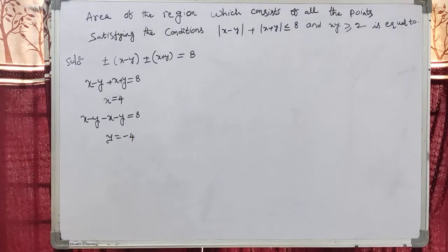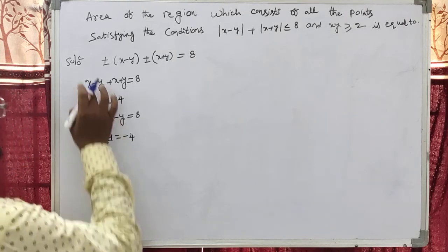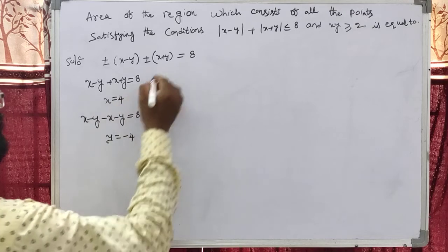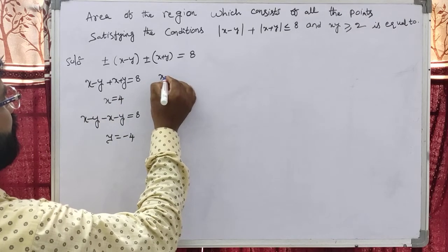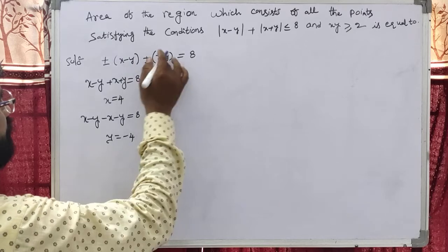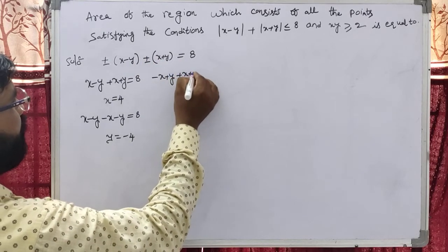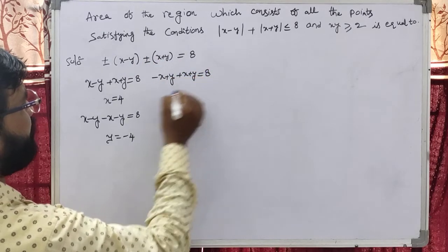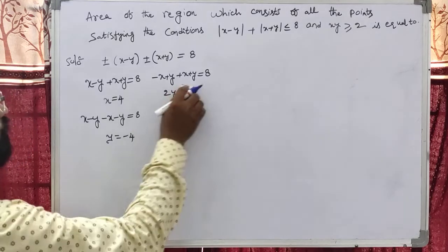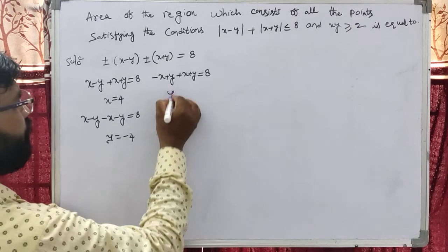Suppose, students, we take the first as plus and again plus. After then, students, when we are taking this as minus, that is minus, then it will be plus. How can you write, students? It is 2y = 8, therefore y = 4.